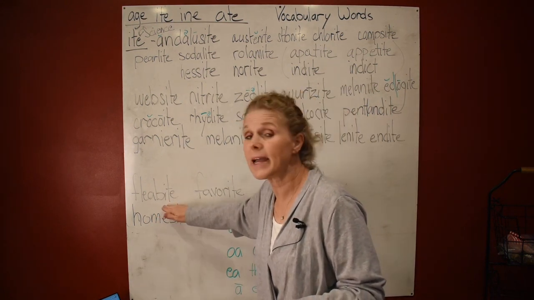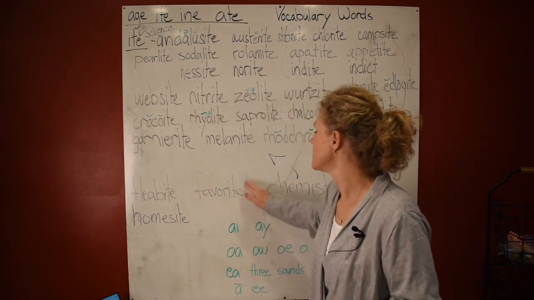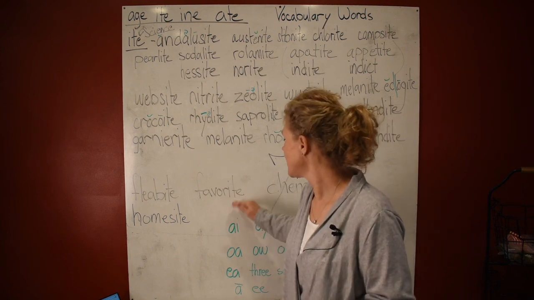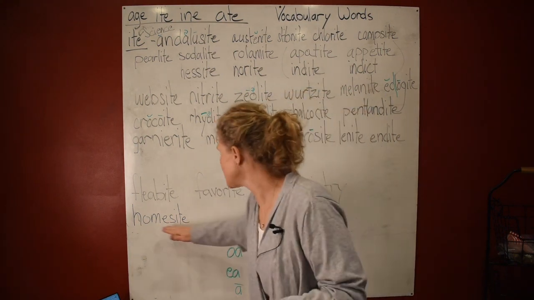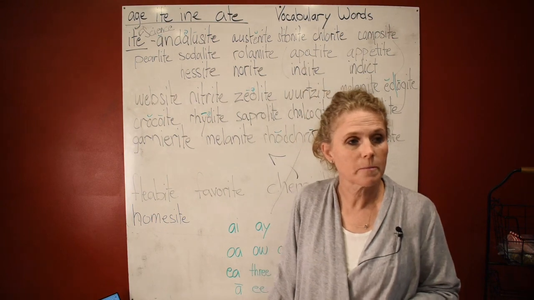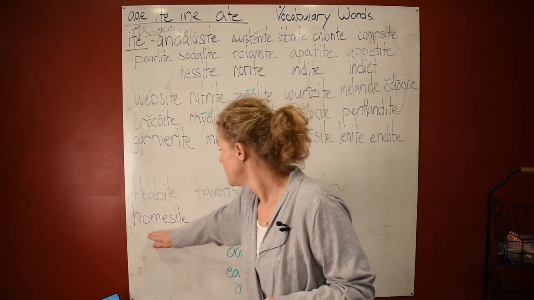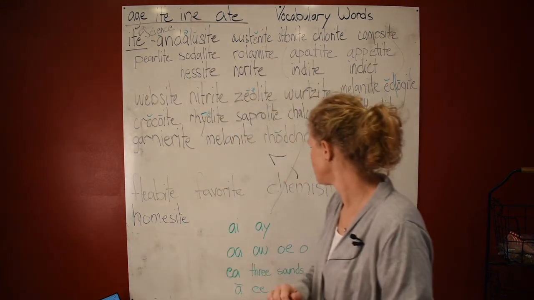So it is a silent E syllable in this word. Favorite. This is a suffix right here, and it's added on to favor. All right? Home site. What kind of word is that? It's a compound word. So, a silent E syllable. It has its very own words.